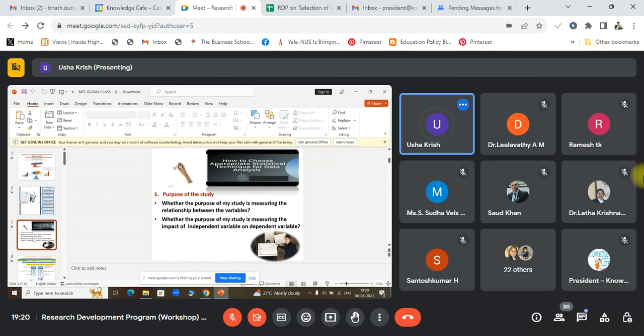Now, in this session, as you all know, we are mainly focusing on how to choose appropriate statistical tools for data analysis. We all know that we need to consider four criteria for selecting appropriate statistical tool. The first one is purpose of the study.